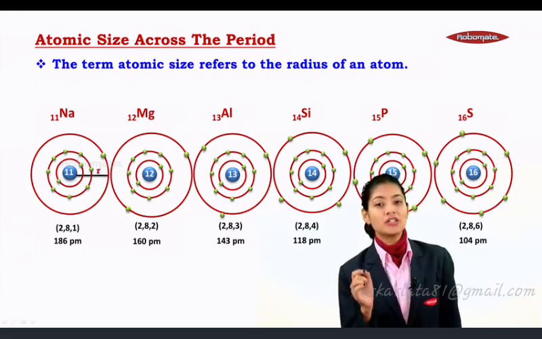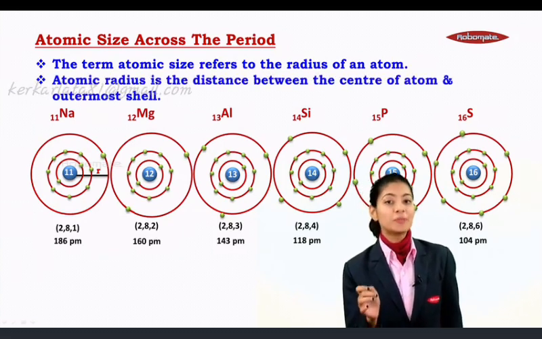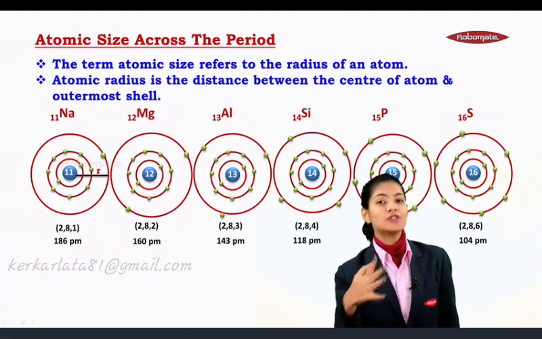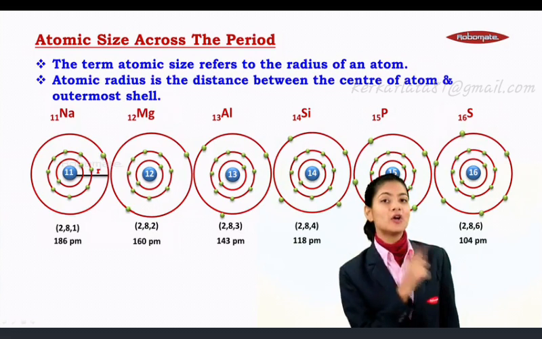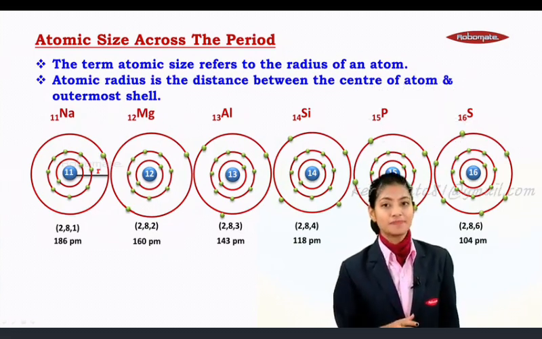If we talk about the atomic radius, it specifically means the distance between the center of the atom and the outermost shell. That distance from the center up till the outermost shell will be considered as the atomic radius.